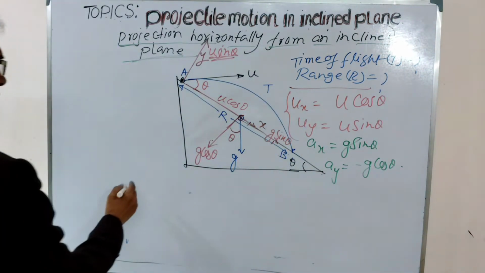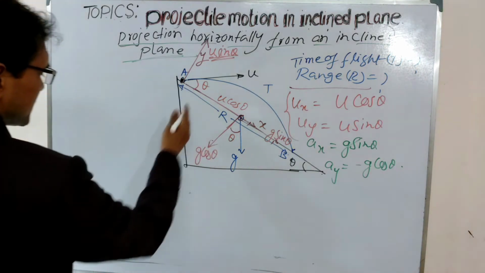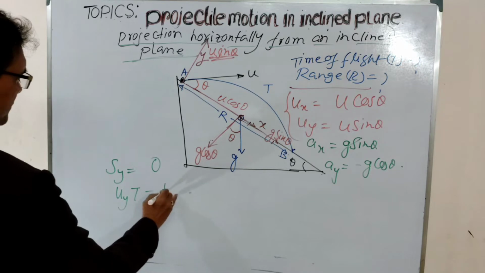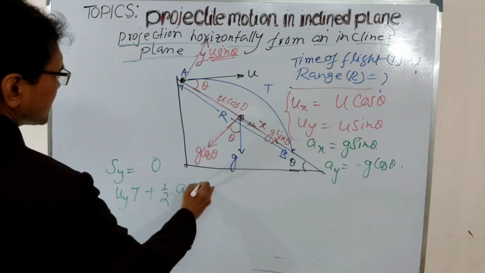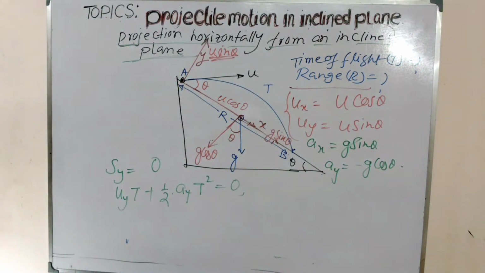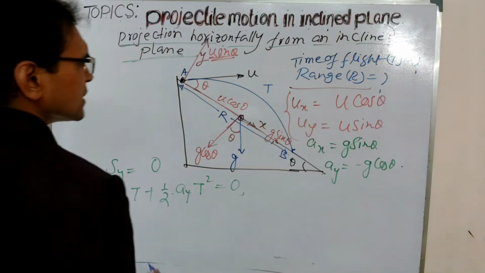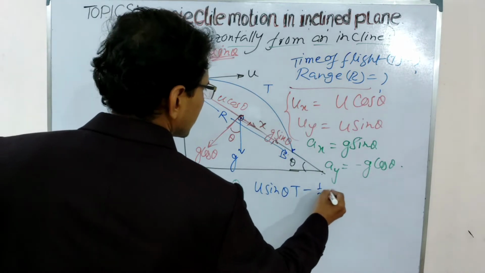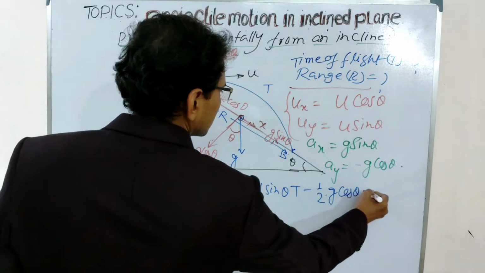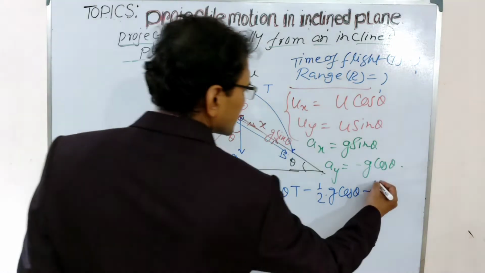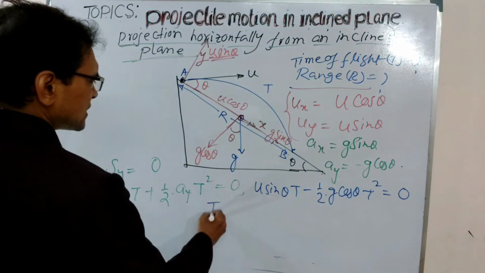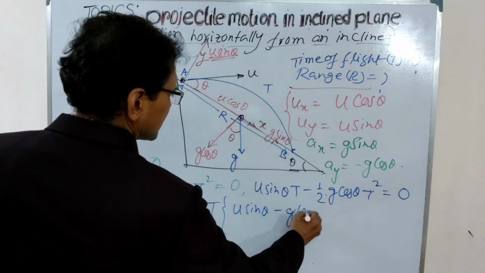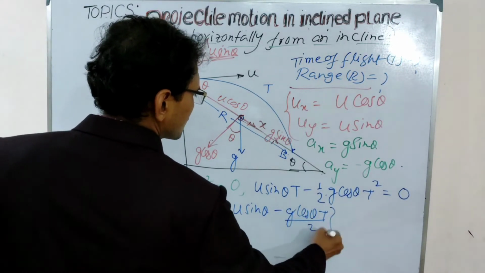Now to find the time of flight, the displacement along y direction is 0, so uy t plus half ay t square equal to 0. So uy equal to u sin theta, ay equal to minus g cos theta. Take t common: t times (u sin theta minus g cos theta t by 2) equal to 0.